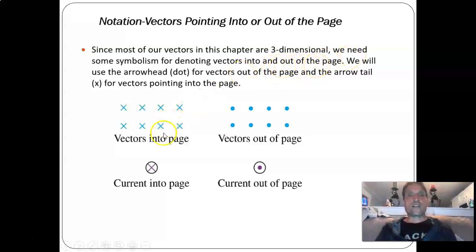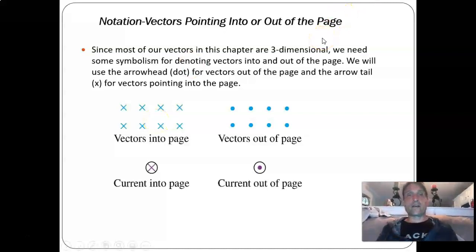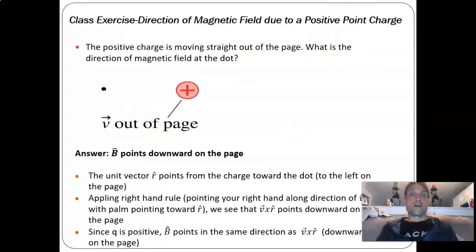For vectors pointing into the page, we will denote that by the tail of the arrow, an X. And for vectors pointing out of the page, the notation will be the tip of the arrow, which is coming out toward you. So vectors out of the page, tip coming toward you, will be denoted by these dots, and vectors pointing into the page will be denoted by the tail of the arrow, meaning the tip pointing away from you into the page, and that'll be denoted by the X. So we're going to be using this notation for the vectors pointing into and out of the page in the rest of the chapter here.